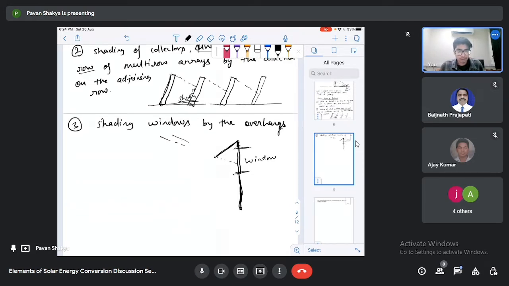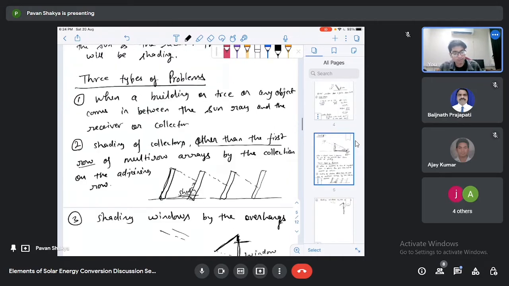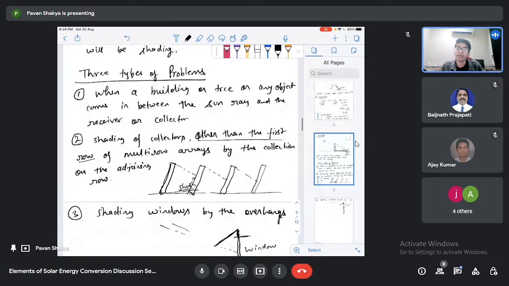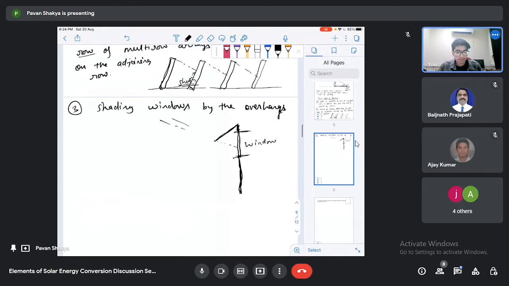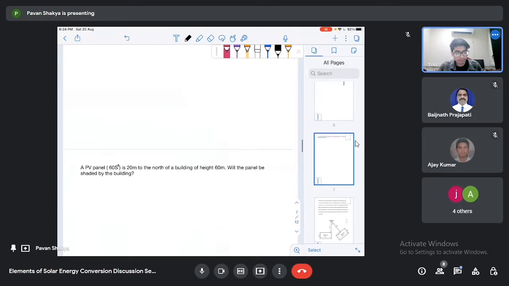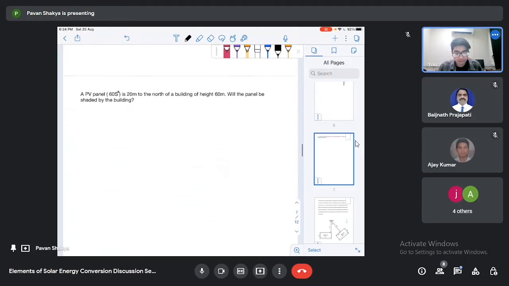Now I will start with the first type of problem, that is, if any object falls between the receiver and the sun. Before that, this is the first problem that we will see. This is a very simple problem.